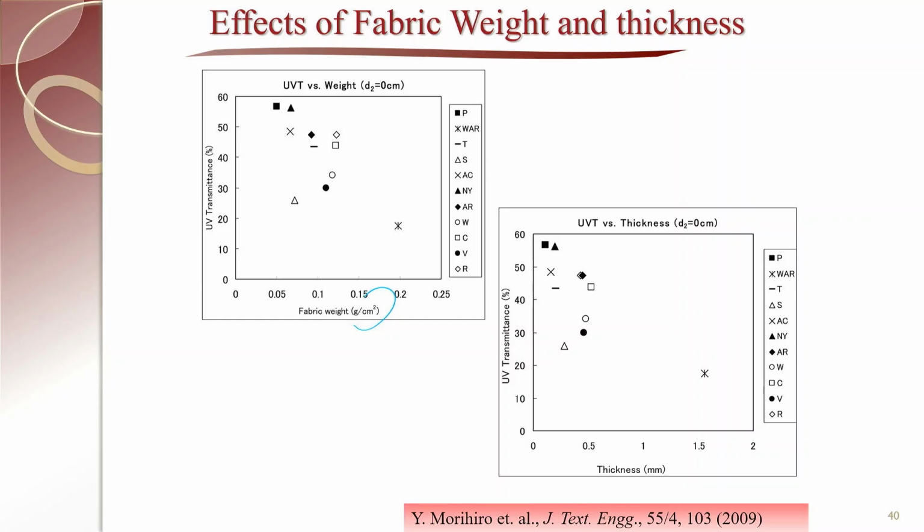Basically, UPF depends on the UV transmission, which depends on the proportion of the pore area through which the UV transmission takes place. Similarly, for thickness also, higher thickness does not mean more UV blocking. It depends on the structure.